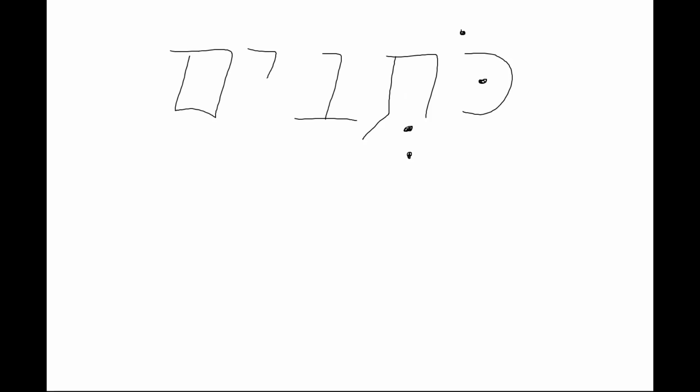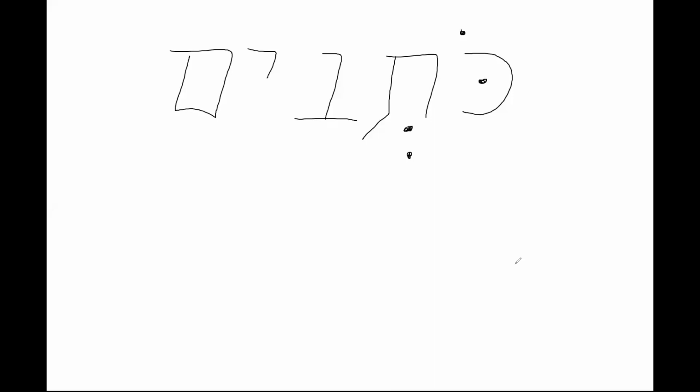Let me say that again. A schwa after a long vowel is vocal, as in kotevim. All right, let's get back to the whiteboard here. Okay, so kotevim, I forgot to put the hirek under the bet. Okay, so kotevim, it's like reporters or writers or journalists, I believe. Right, kotevim.